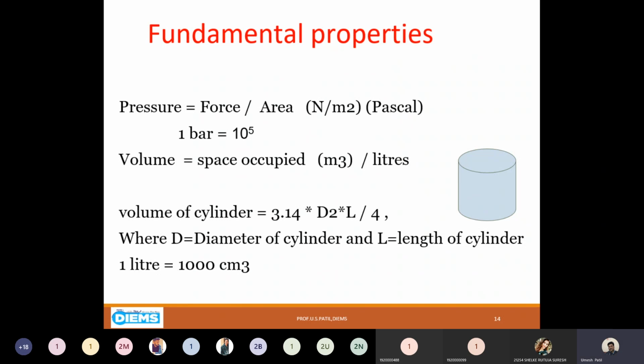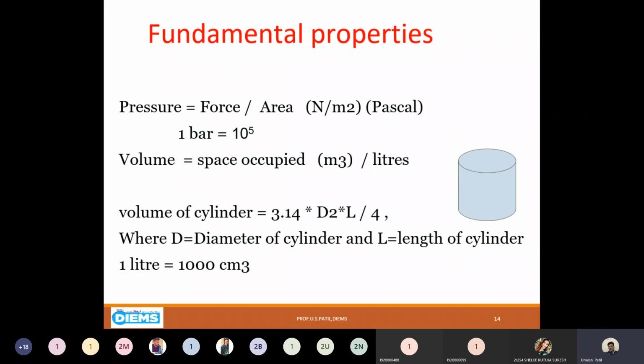Again, in day-to-day life, we measure volume. Volume is measured in liters. So it is measured by using a liter flask, or if a substance is filled in a particular container and we know the dimensions of the container, we can calculate the volume of the substance.